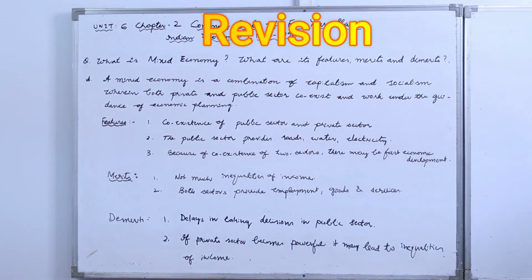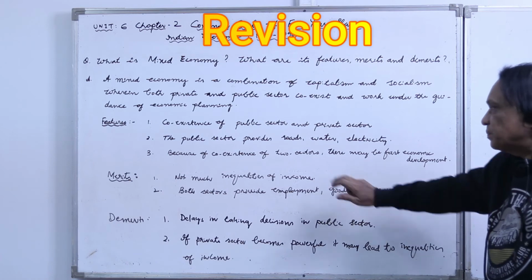Both the sectors coexist. Features: coexistence of public sector and private sector. The second feature is the public sector provides roads, water, electricity. And the third, because of coexistence of two sectors, there may be fast economic development. Some merits here: not much inequalities of income.